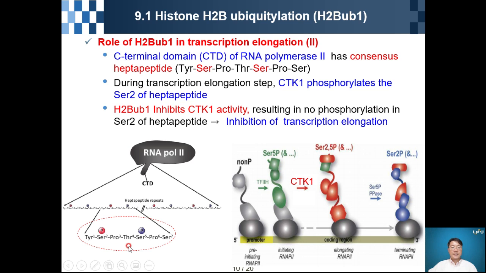Especially the serine at the second location and the serine at the fifth location can be phosphorylated.